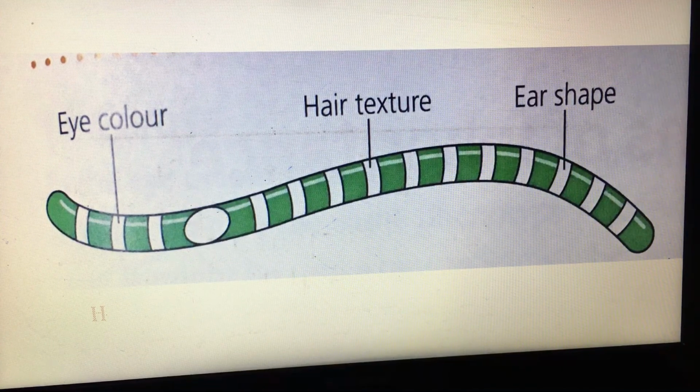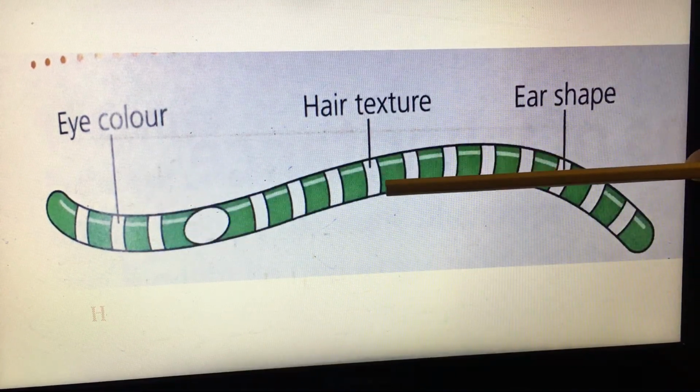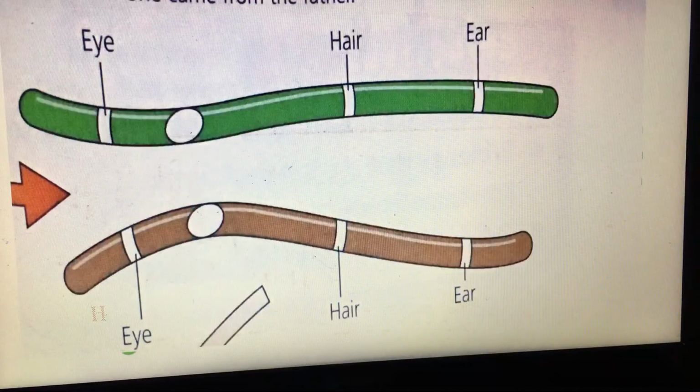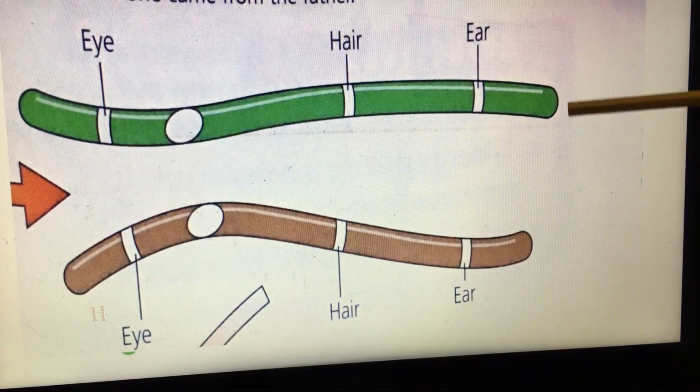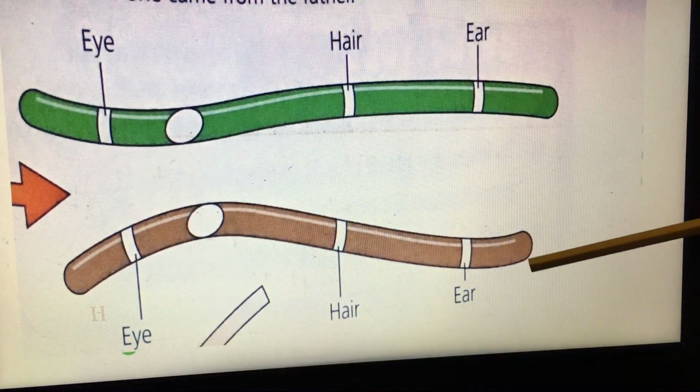If you focus here, you will find that we are talking about three different genes, which are eye color, hair texture, and ear shape. This is the position of eye color, this is the position of hair texture, and here we have the position of ear shape. Now, the second thing you have to know is that each chromosome in the nucleus of a diploid organism has a partner.